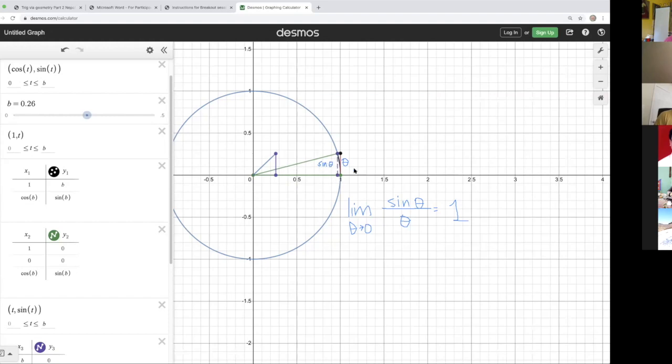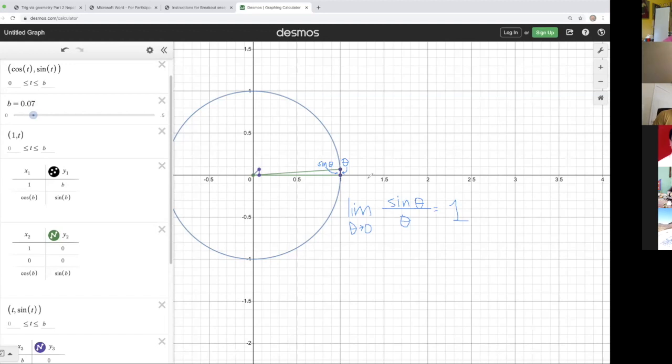So if two numbers are equal, when you divide them, the quotient will be 1. And the closer we get to 0, the closer and closer sine of theta and theta itself get to be the same. Now, theta and sine of theta are actually these tiny little vertical heights right here, and they're almost the same. They're so close together, they're lying on top of one another on the screen, and you can hardly distinguish them.